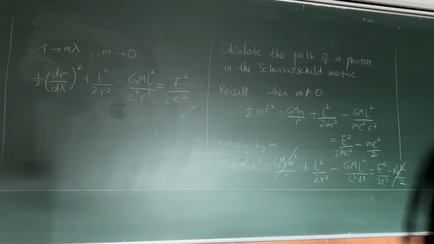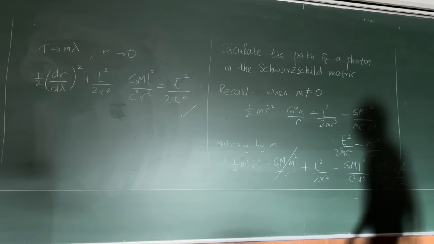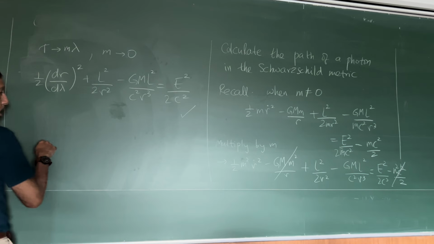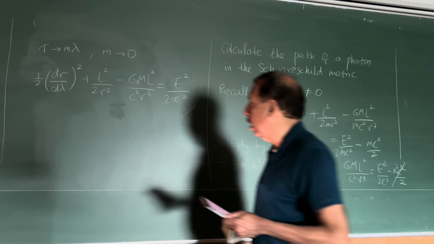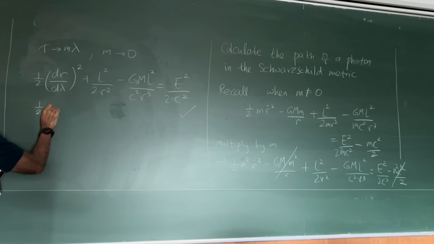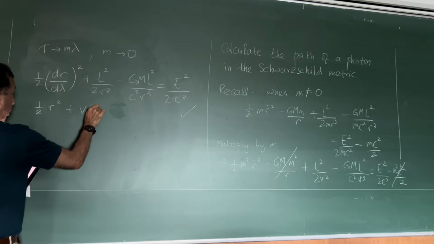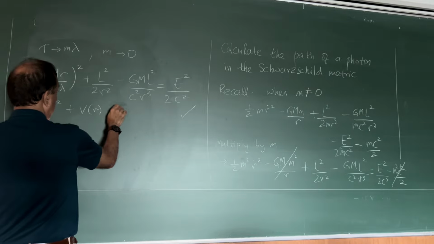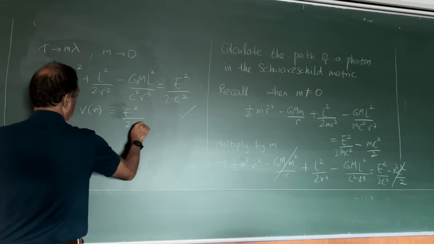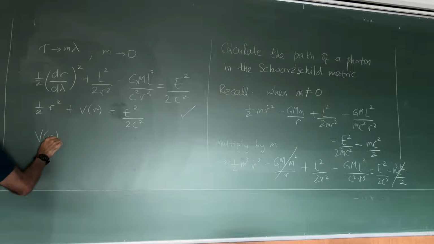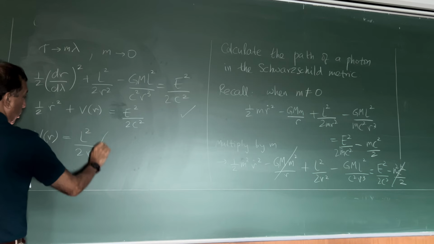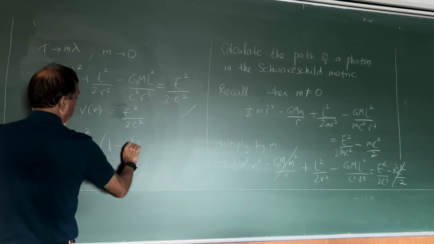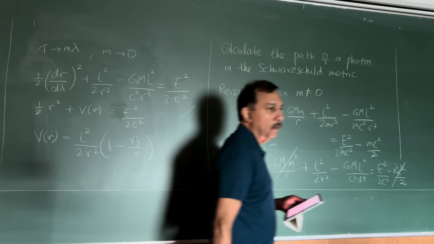And for this, the first thing we can do is rewrite it nicely. So this has a nice feature that it can be written as half r dot squared plus V of r is equal to E squared by 2c squared, where V of r is just these two terms, but let me factor out L squared by 2r squared from them, and then I immediately see that this is nothing but 1 minus Rs over r.